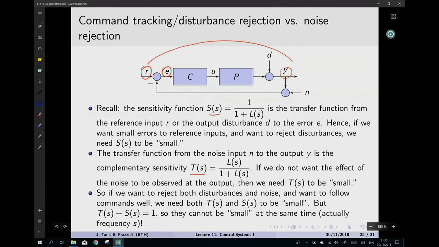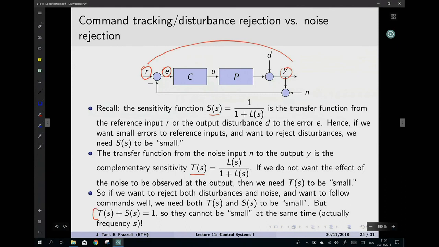And we showed a few classes ago that the complementary sensitivity function and the sensitivity function, as the name suggests, are complementary at every value of frequency. That means if you do T plus S, you get 1.